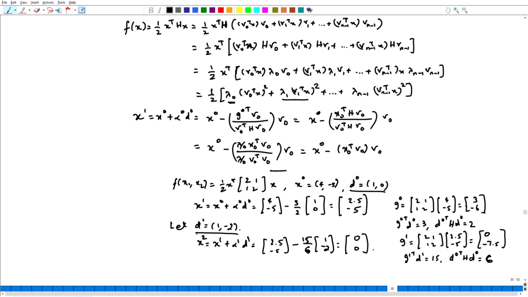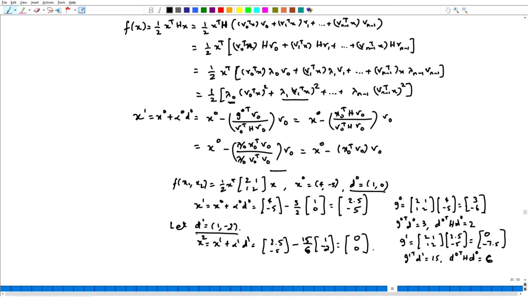So with a very different set of directions, again I was able to get to the answer. So what this tells us, at least at this point, is that eigenvectors are not the unique set of directions that we can consider and still manage to get the final answer.